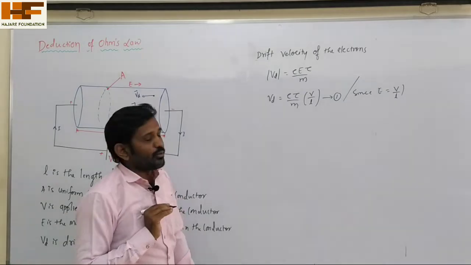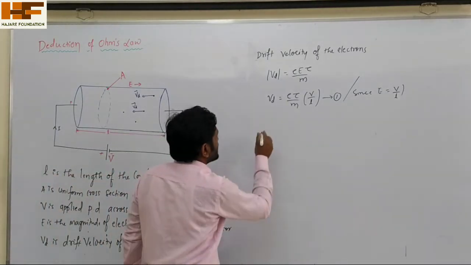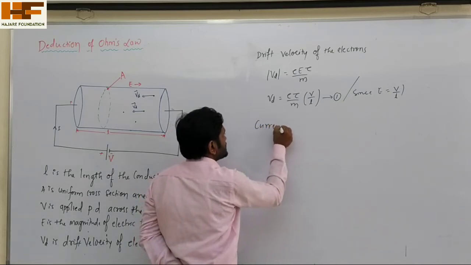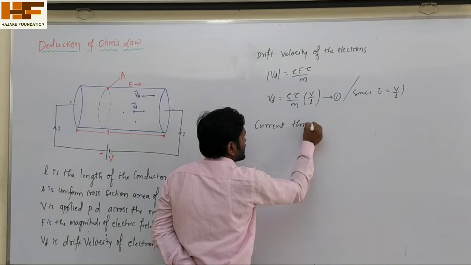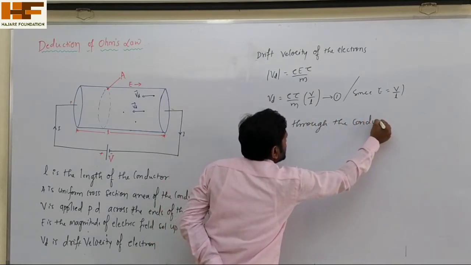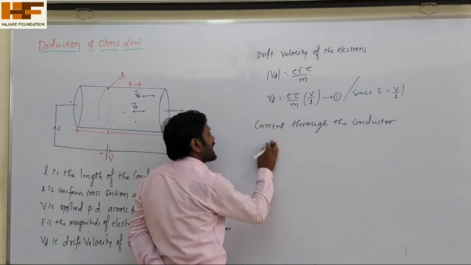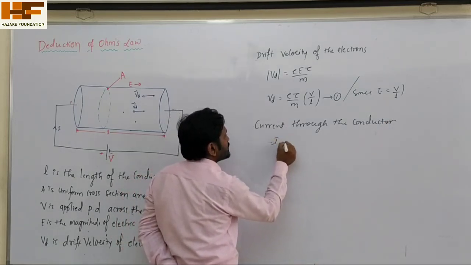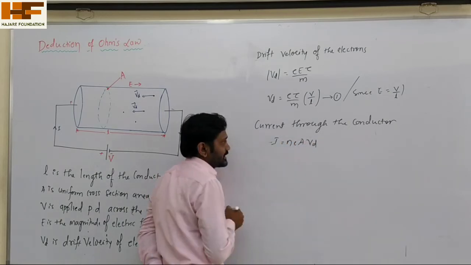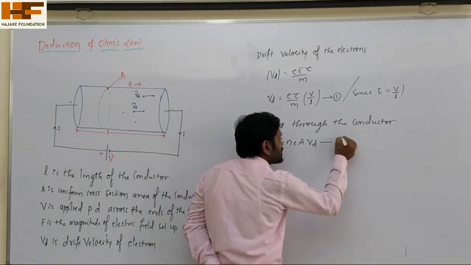Now, what is the current through this conductor? The current through the conductor in terms of drift velocity is I equal to n e A into v_d. This one we will take as equation number 2.